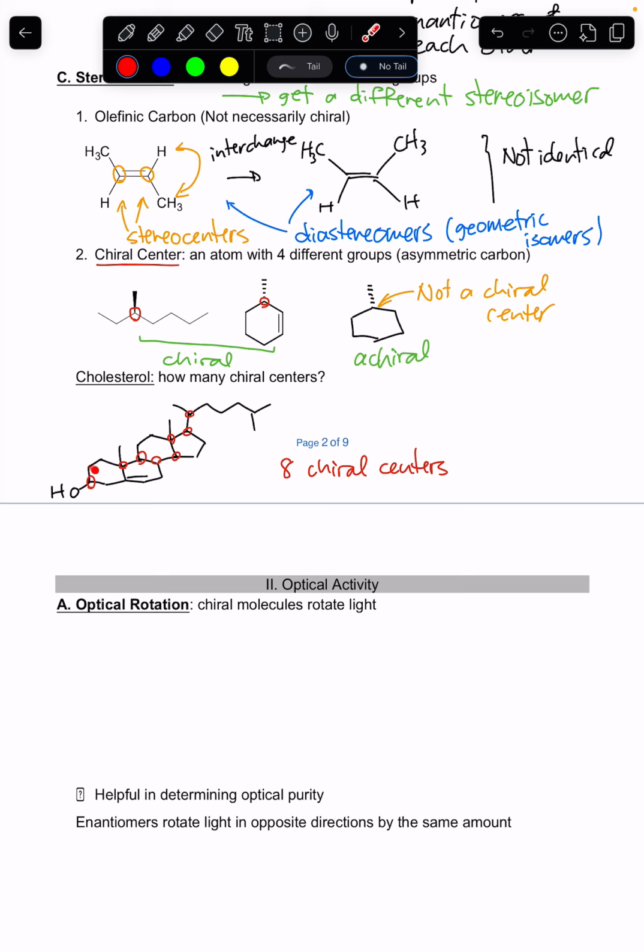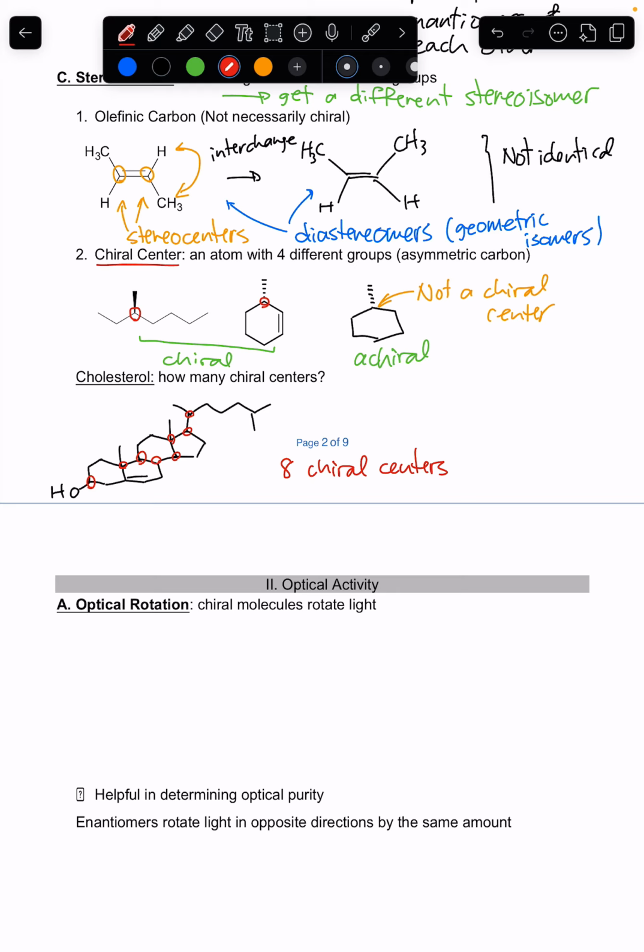In other words, these two groups are not completely identical, and so therefore this is a chiral center. Okay, and you can go through each of these carbons I marked, and you'll see that they have four different things. But for instance, this carbon is not a chiral center because it's got two methyl groups, which are identical, right? So if there are two identical groups attached to a carbon, that's not a chiral center.